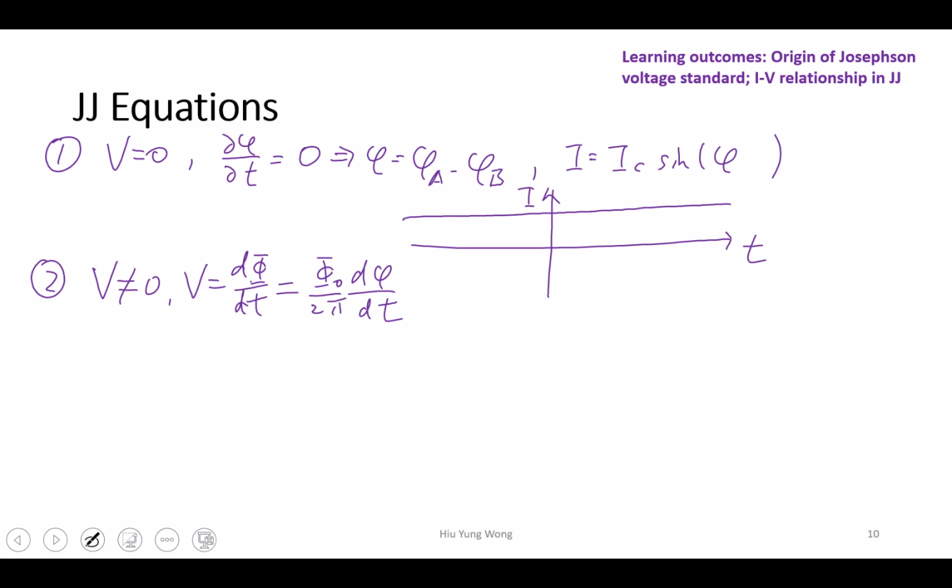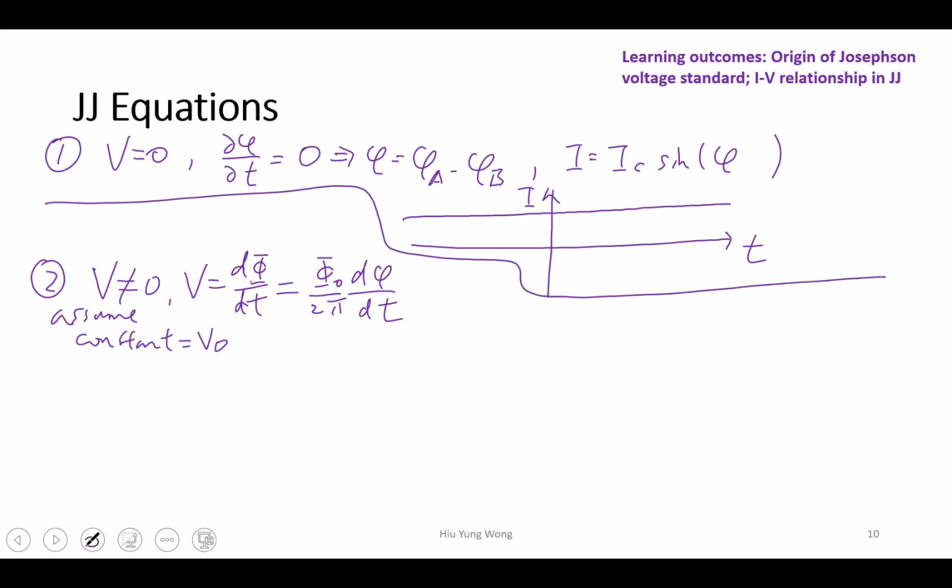Now, if it is not 0, but assume it's constant, let's say assume constant. Okay, I say, how about let's assume it's equal to V naught. How about this, right? If that is the case, what will be the phase? It's going to be V naught equals to phi naught over 2 pi d phi dt, right? And then you do an integration.